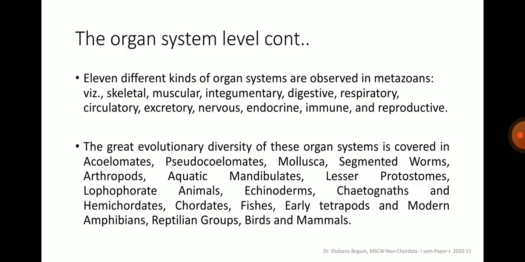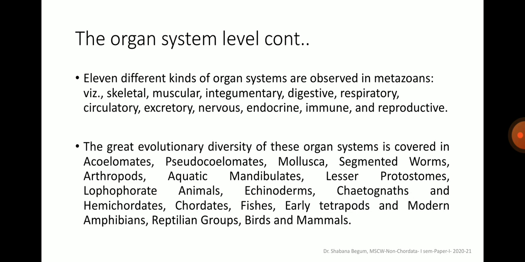There are 11 different kinds of organ systems observed in metazoans, such as the skeletal, muscular, integumentary, digestive, respiratory, circulatory, excretory, nervous, endocrine, immune, and reproductive systems. The nervous system and the endocrine system are called the controlling systems of the body, while the remaining systems are called the working systems of the body.